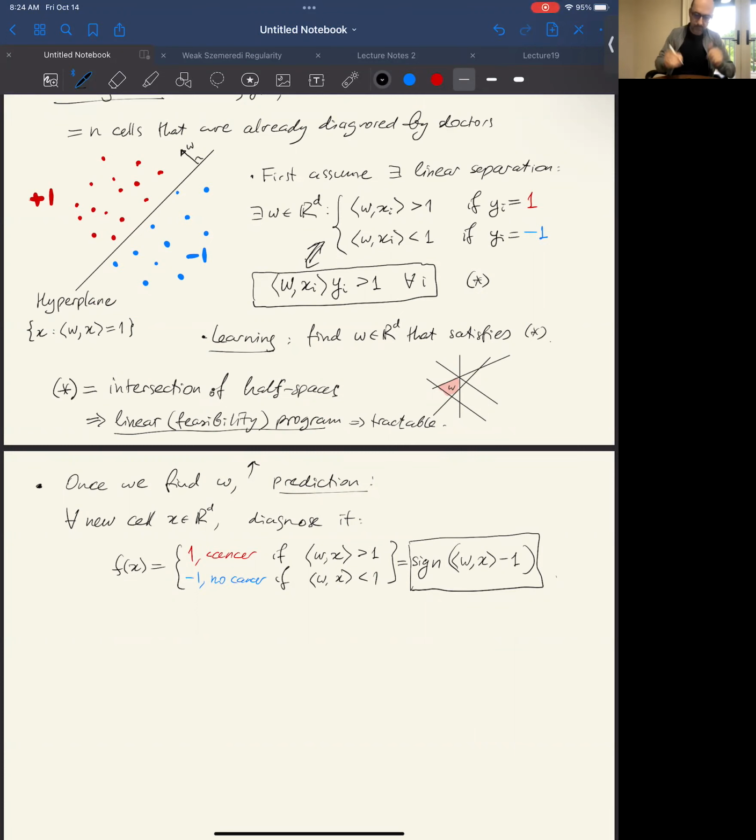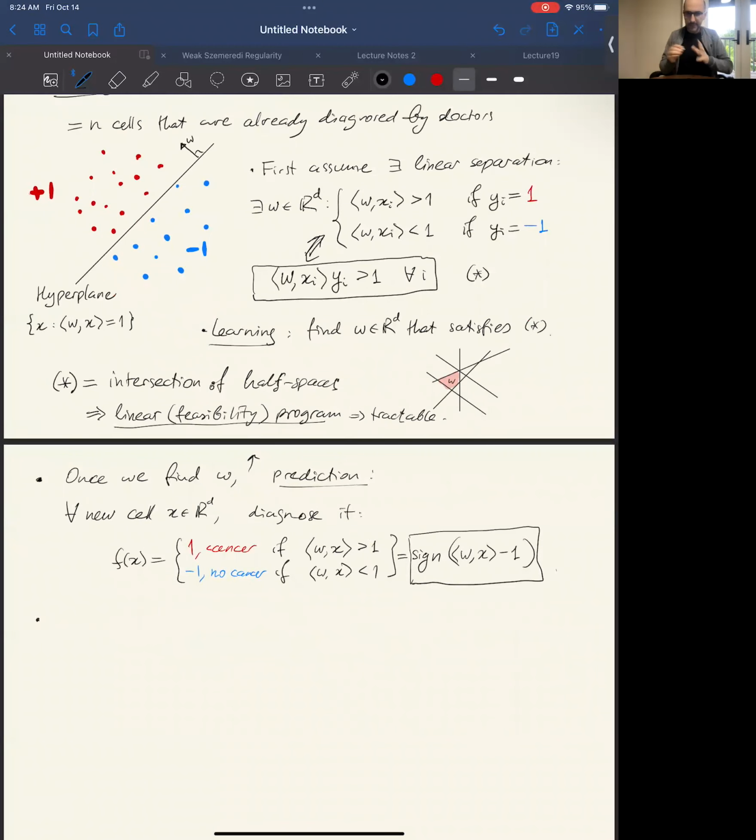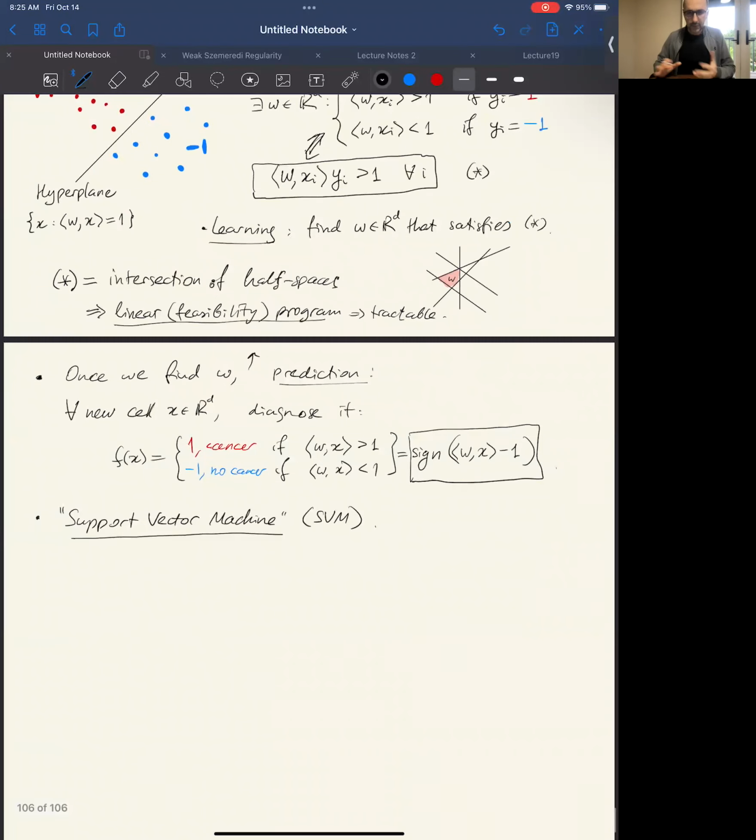So far, so good. So what we described is an elementary version of a support vector machine. That's what it's called, support vector machine, or SVM, one of the basic algorithms in machine learning that is still popular.